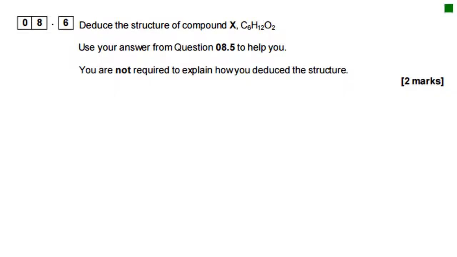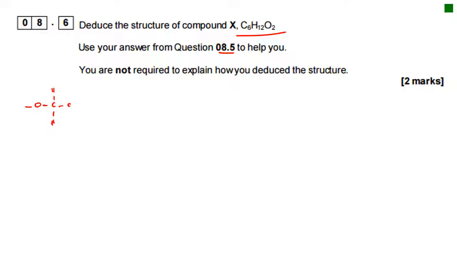Okay, so last part of the question, 2 marks for putting the molecule together. We're reminded of the molecular formula, C6H12O2. So before we do it, let's just write down what we did do in question 8.5. We had oxygen connected to a CH2 group. Let's draw it like this.